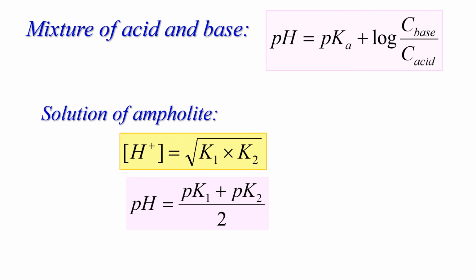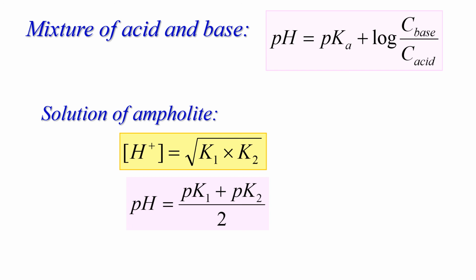Two more formulas. If you have a mixture of acid and base, you are using the Henderson-Hasselbalch equation. Next, if your compound is an ampholyte, so it can be acid and base at the same time, you are using H plus equal to the square root of K1 multiplied by K2, or, which is the same, pH equal to pK1 plus pK2 divided by 2.